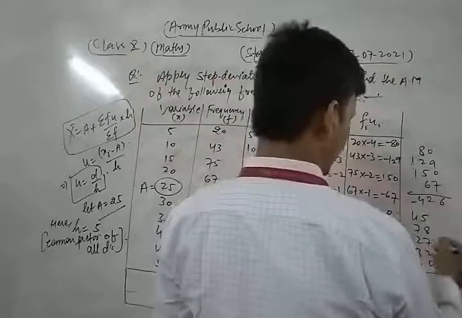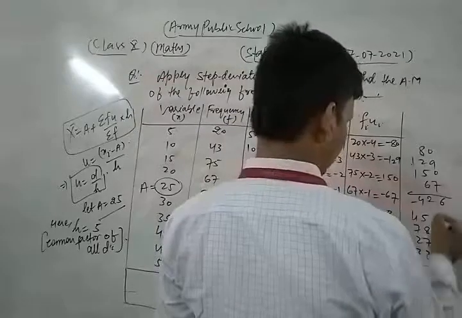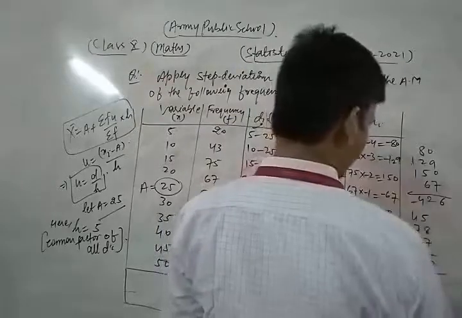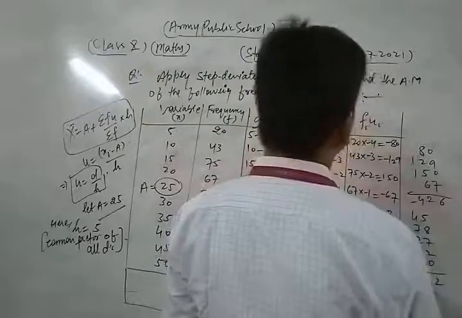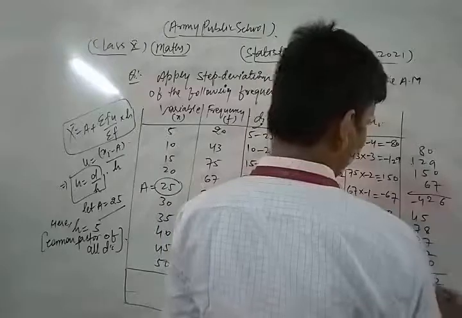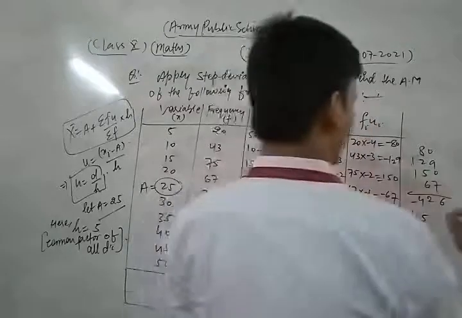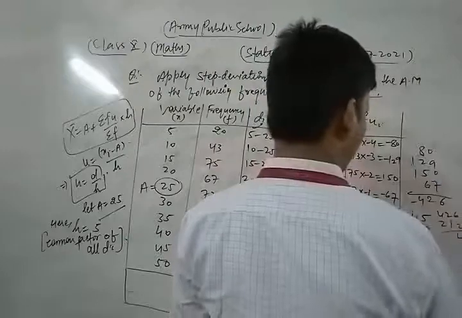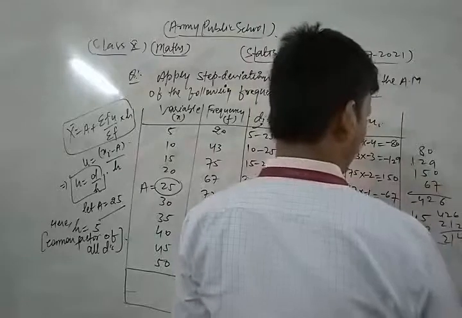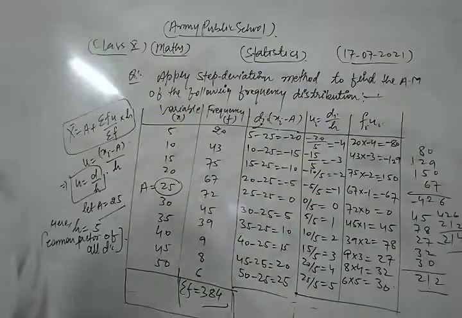So we get 212. Now we subtract them: 212 minus 426 gives minus 214.